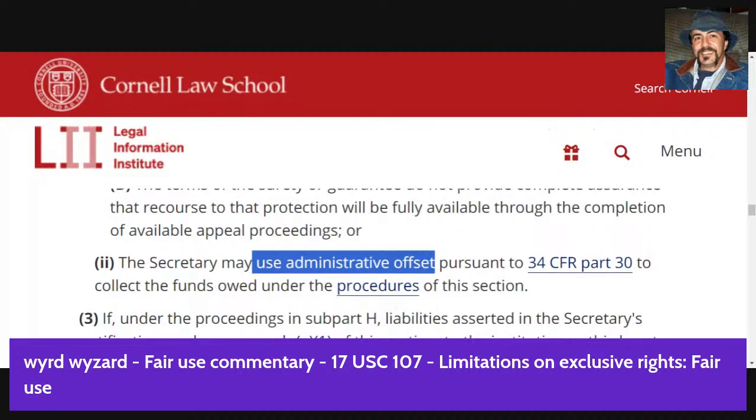Do you suppose that they just bailed them out, or do you suppose to sustain the budget? They again just did an administrative offset and wrote it off and said, don't come back to our playground anymore, and forced them through bankruptcy to sell off all of their stuff. Pursuant to 34 CFR Part 30 to collect the funds owed under the procedures of this section.